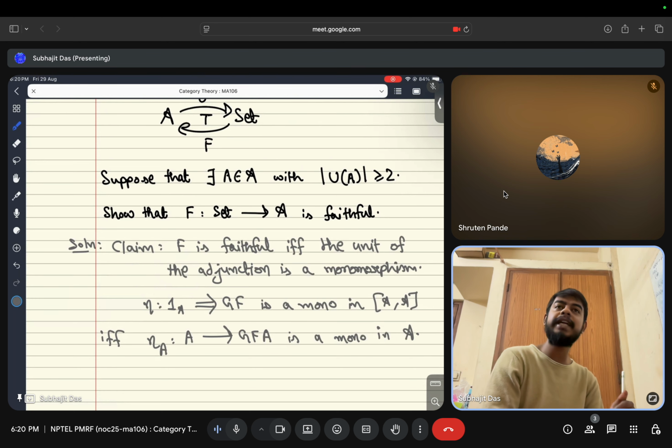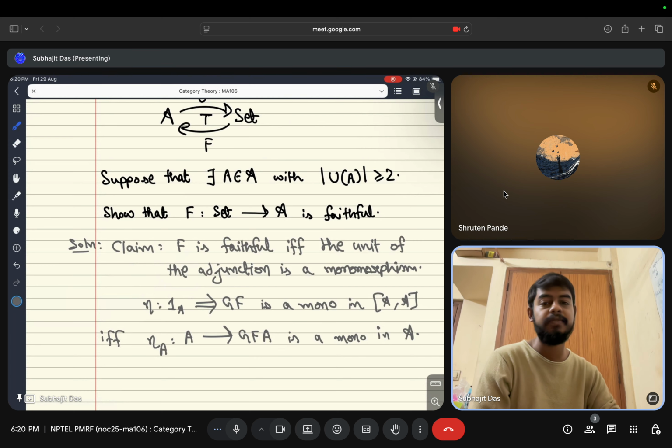You know that natural transformations are isomorphisms if and only if each of their components are isomorphisms. But this result in fact holds for monomorphisms and epimorphisms as well.